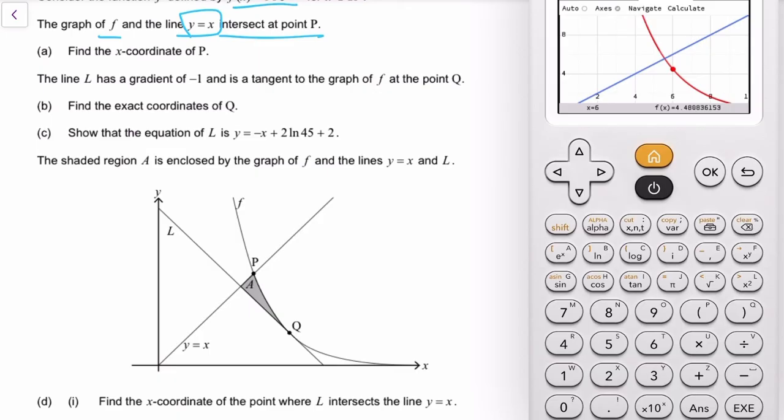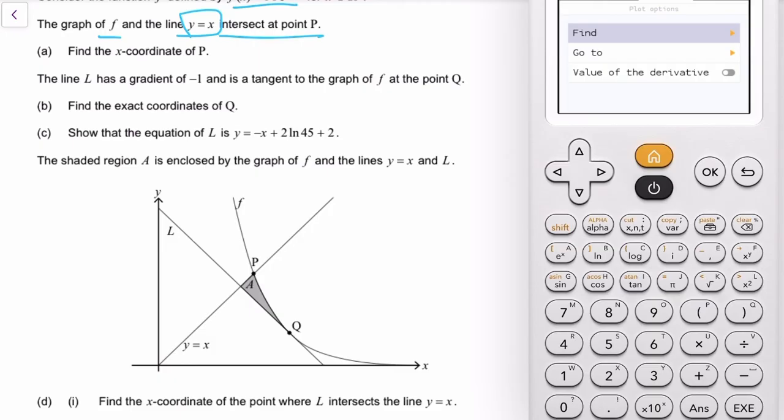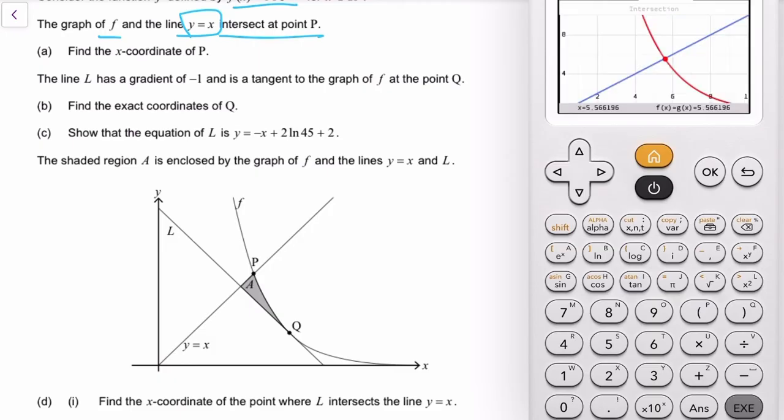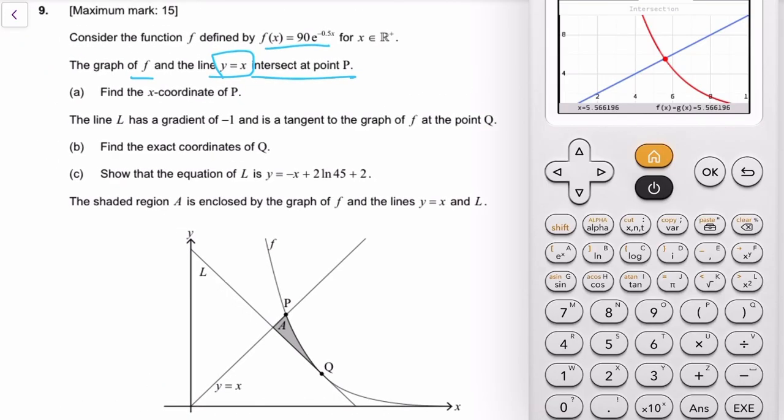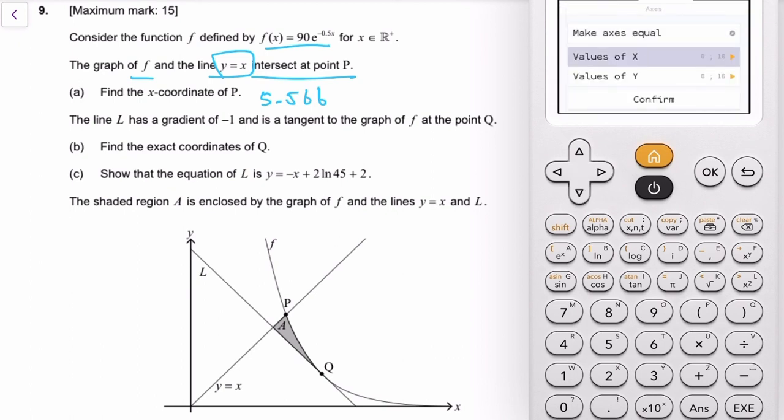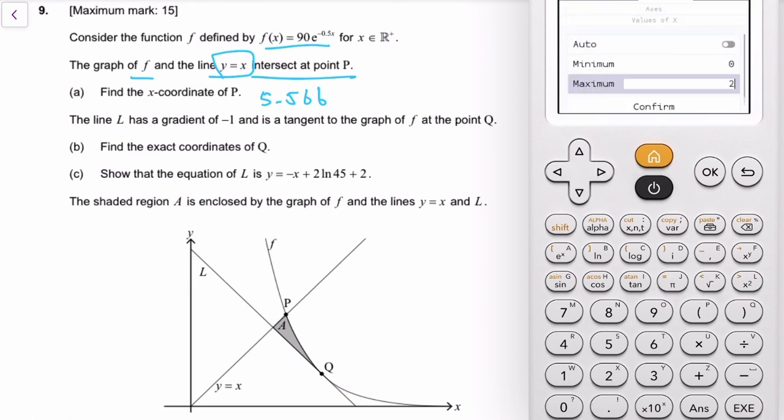Well, it's not as good as what they give us, but good enough, I guess, because I probably find the intersection already. 5.566. Okay, I guess that works. To be sure, maybe I should make this bigger. So maybe go to 50.